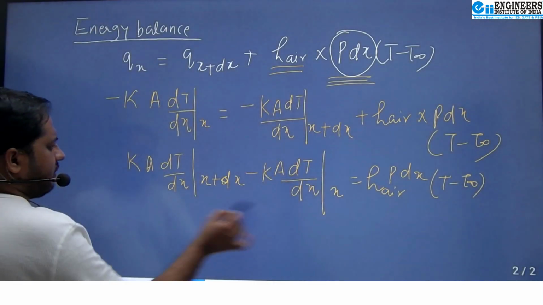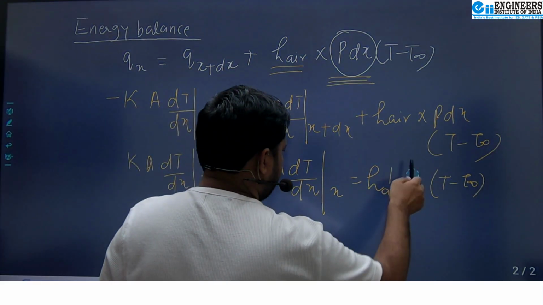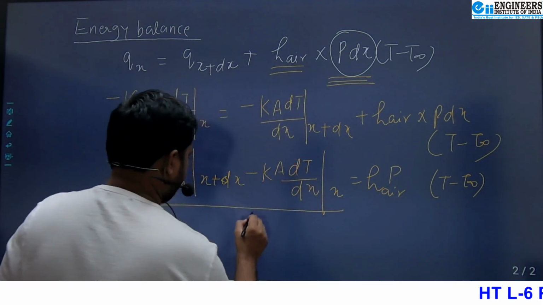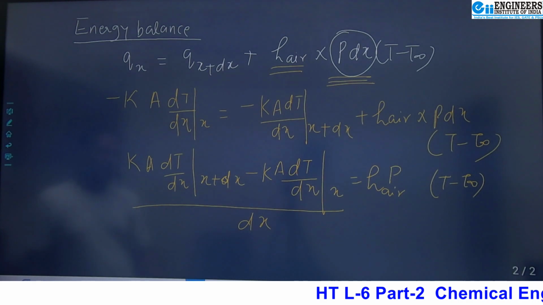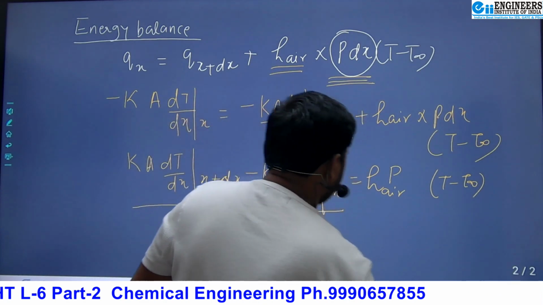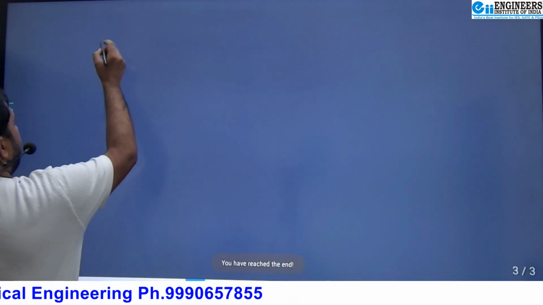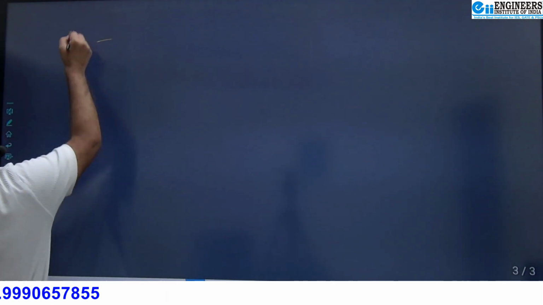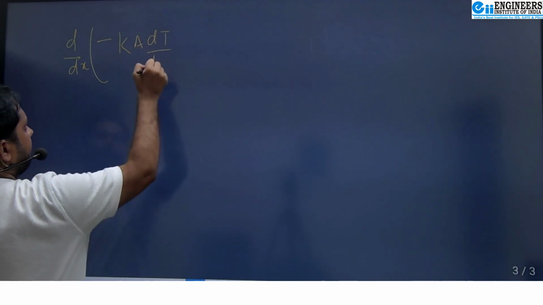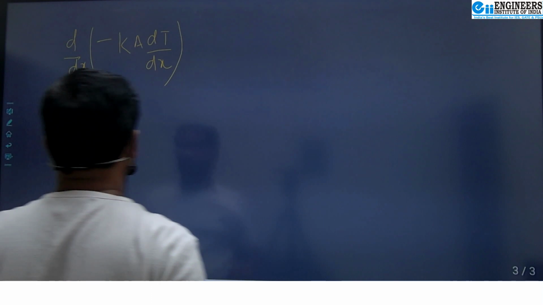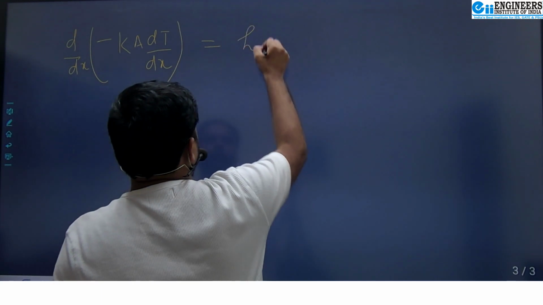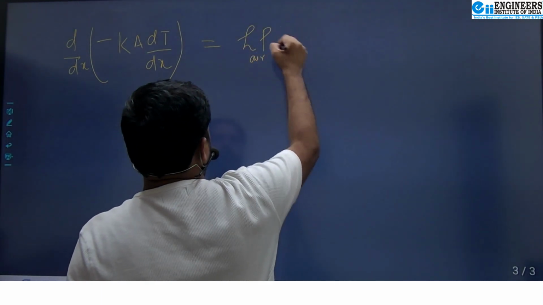Now we divide both sides by dx, so we remove dx here. Now it is the differential change in the value of qx over the length dx, so it can be written as d by dx of minus kA dT by dx equal to h air into P into T minus T infinity.